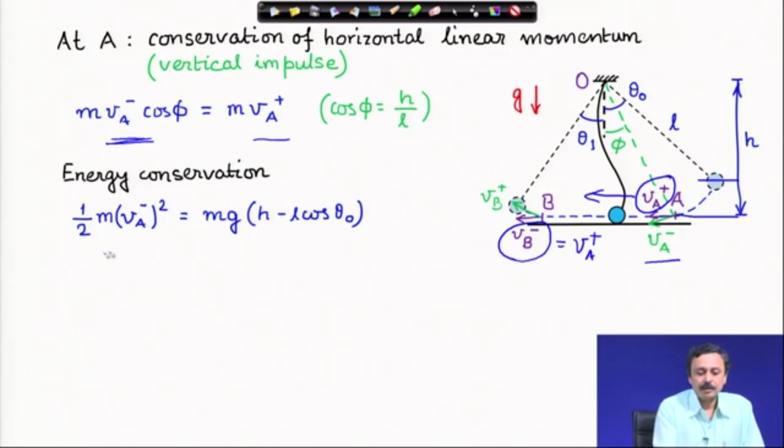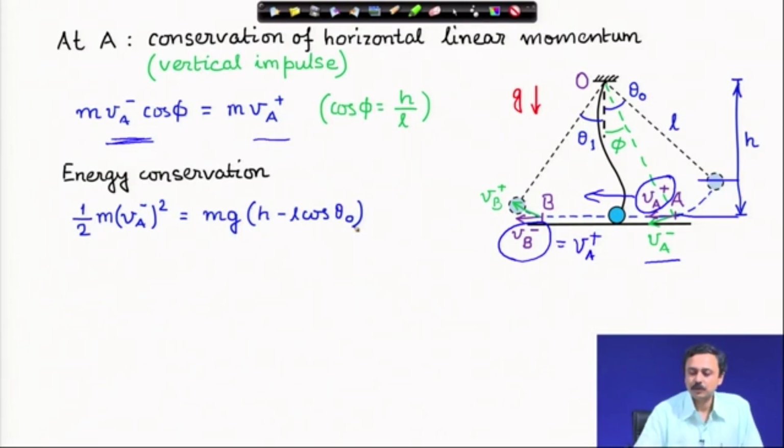The final kinetic energy, the potential, I am taking potential datum as the ground, the horizontal. Therefore, there the potential is 0, the kinetic energy is half mass times velocity a minus whole square, and when it started off from theta naught, it was released. Therefore, the initial kinetic energy is 0, it is only potential energy. How much is the potential energy? mg times h minus L cosine theta naught.